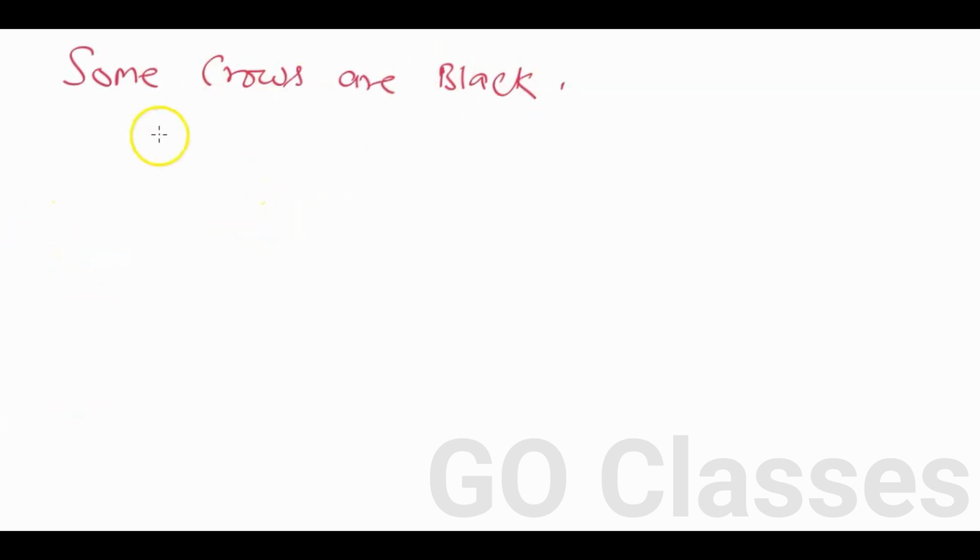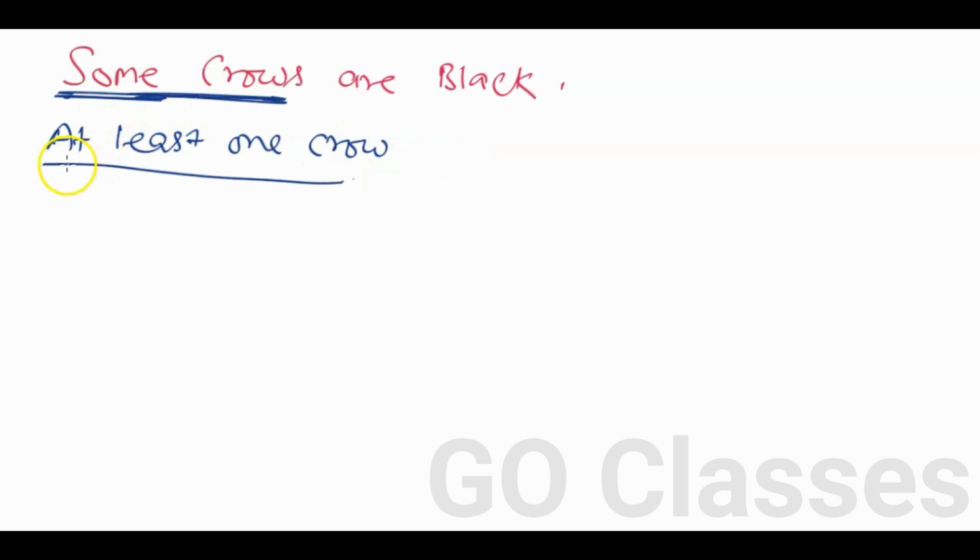What is this saying? Some means at least one. So some crows means at least one crow is black. Both these statements are the same because some means at least one.